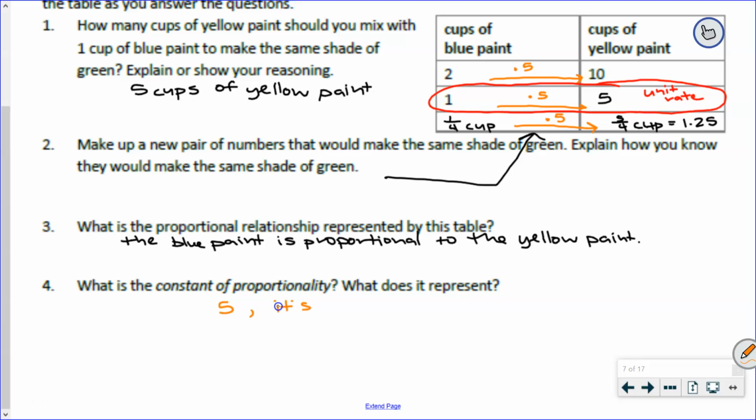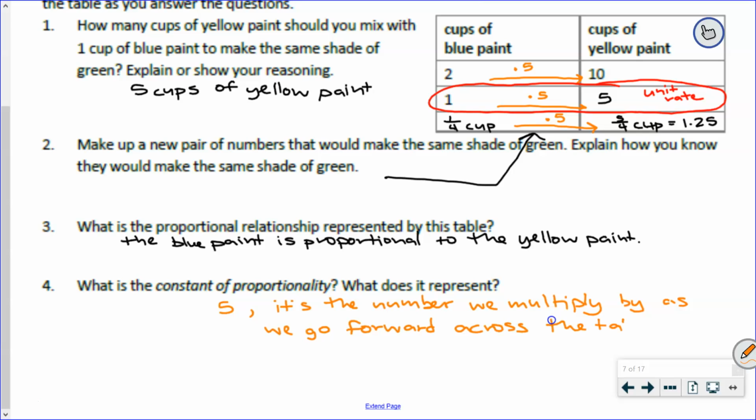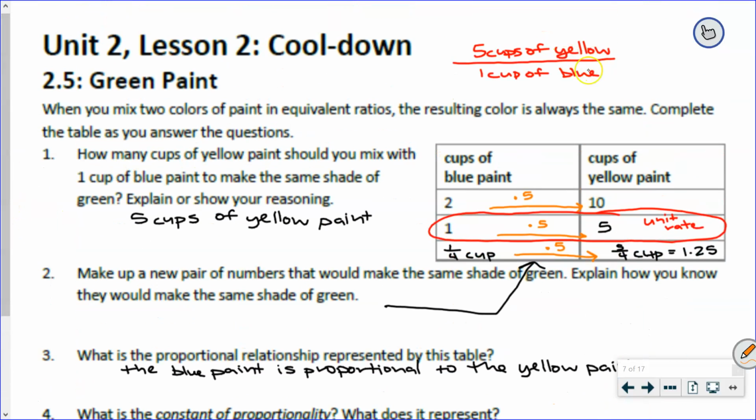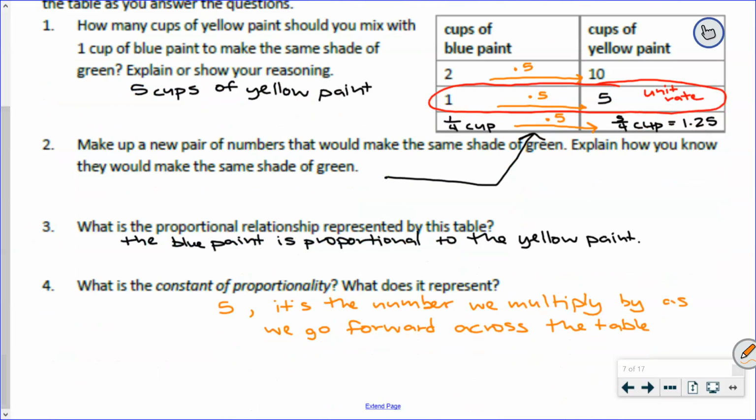It's the number we multiply by as we go forward across the table. And I hope that you see this connection too. We see that we're going forward by multiplying by 5, but we also had the unit rate was 5 cups of yellow for 1 cup of blue. So make that connection here as well. That's the same as the unit rate.